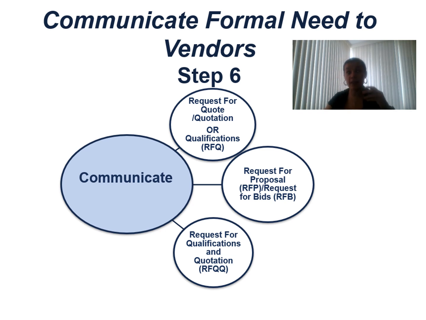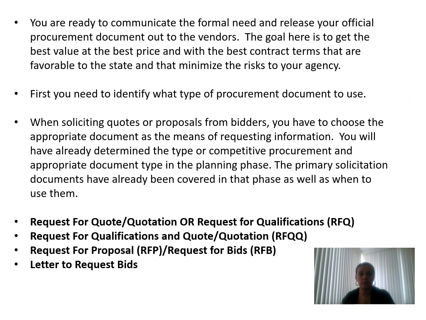Take into account that these are all formal communication processes. When you are ready to communicate the formal need and release your official procurement to the vendors, the goal here is to get the best value, the best price, and minimize contract terms that are unfavorable to the state and minimize the risk to your agency.